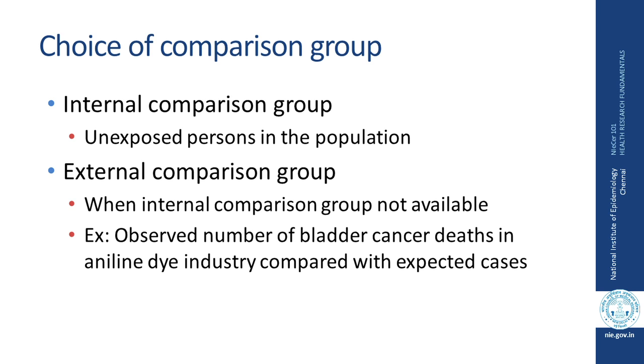As we have seen, in an analytical study there is a comparison group, and we have two options for a comparison group in a cohort study. One is the internal comparison group, where the unexposed persons in the population are taken as the comparison group. An example is the Framingham cohort study, wherein those who had hypertension were considered the exposed population and those who were normotensive were the unexposed population.